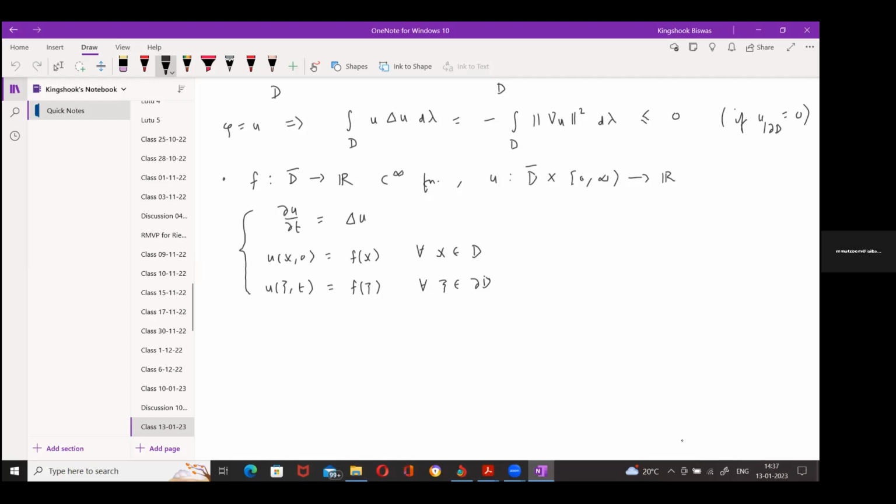So here it's not too hard to see that a solution converges to a harmonic function. First of all, two things are very useful. There's the maximum principle for the Laplacian.